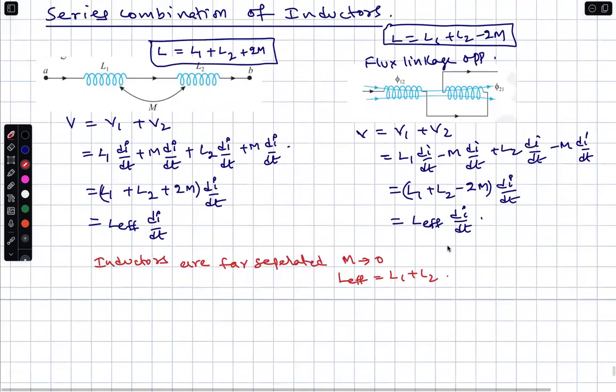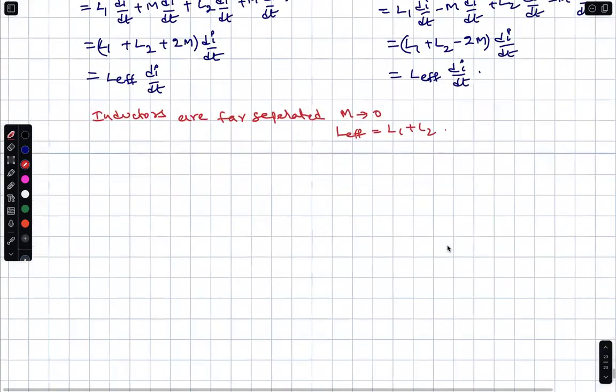Similarly, if you have a parallel combination, if mutual inductance is not considered, simply you will write 1 by L1 plus 1 by L2. If mutual inductance is not considered, easy. Mutual inductance is considered, then you have a problem.